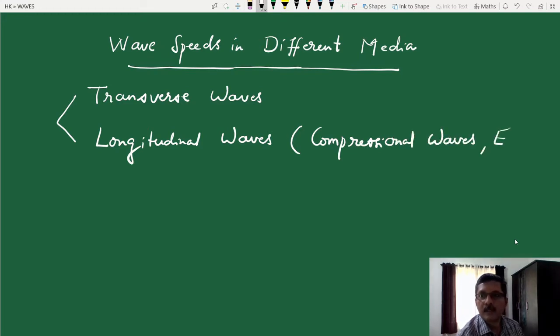Also they are called elastic waves. So these compressional waves or elastic waves can pass through liquids, solids. That's also possible.